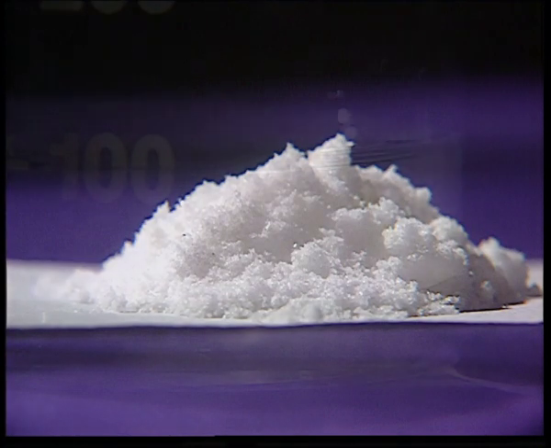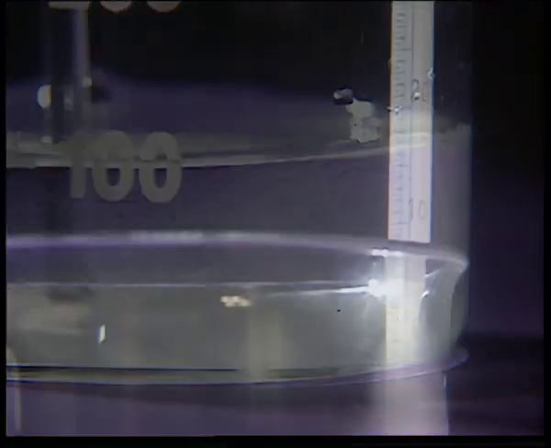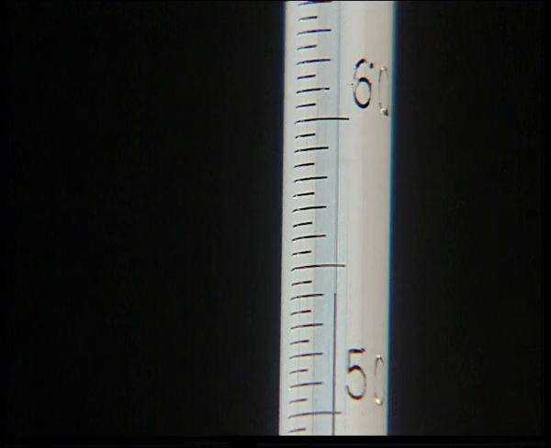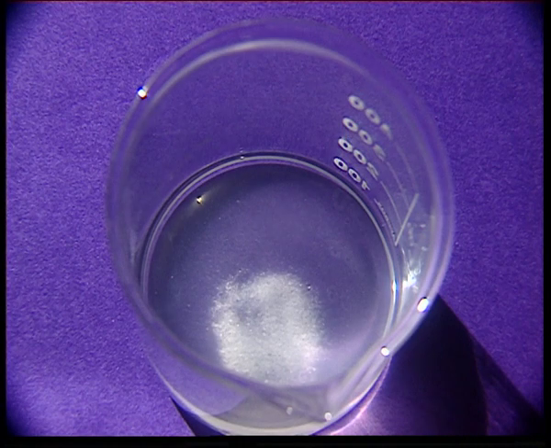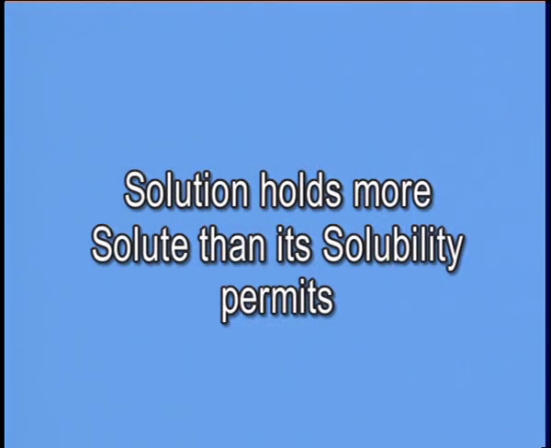When we have dissolved the maximum possible amount of solute at a given temperature, we obtain a saturated solution. Obviously, on cooling, the excess solute precipitates out. If it does not, we have a situation where the solution holds more solute than its solubility permits.